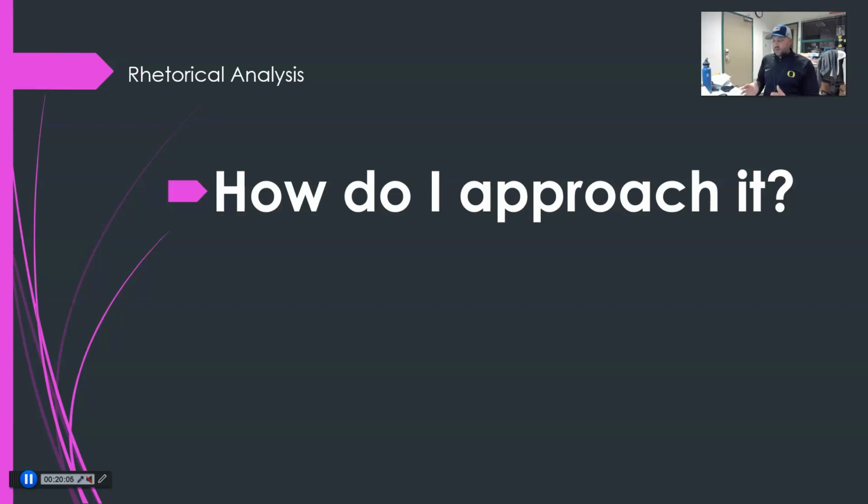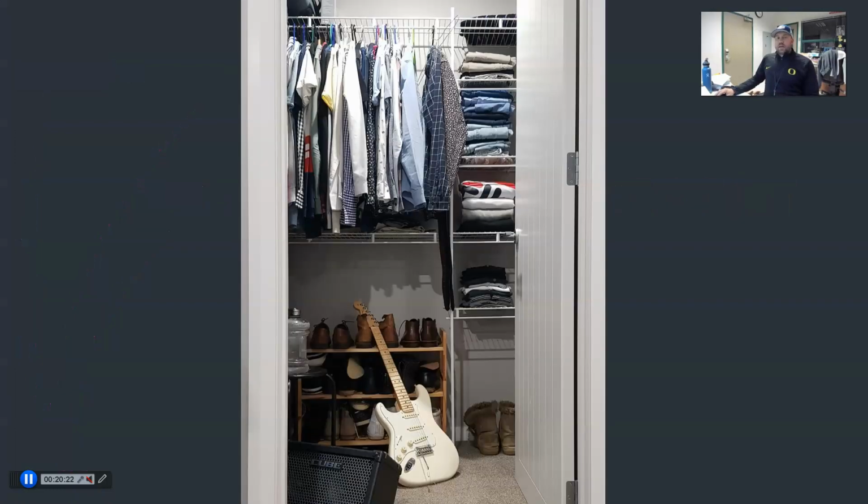Then you sit down and you say, okay, they seem to be writing about this for this goal. How do they do that? Okay, what elements of logos, ethos, pathos? Identify some of those, make sure they support your thesis, and articulate it from there. An analogy that I'll give you is if you approach a closet and you say, well, what do I wear?